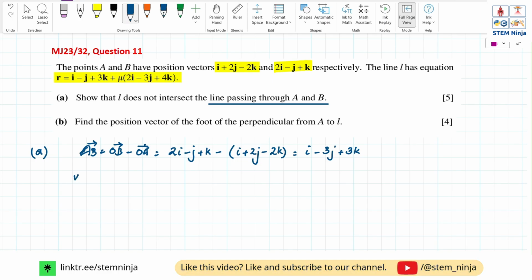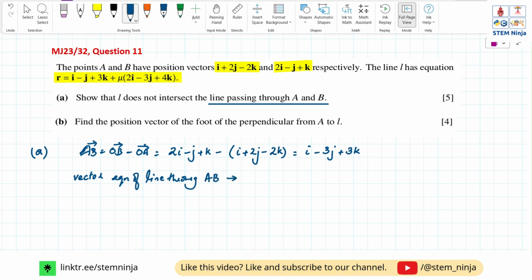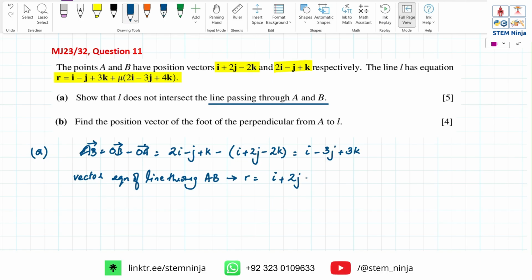So this means that the vector equation of the line through AB can be written as OA, i plus 2j minus 2k. Since they have used mu over here, we can use lambda. The direction vector is i minus 3j plus 3k.